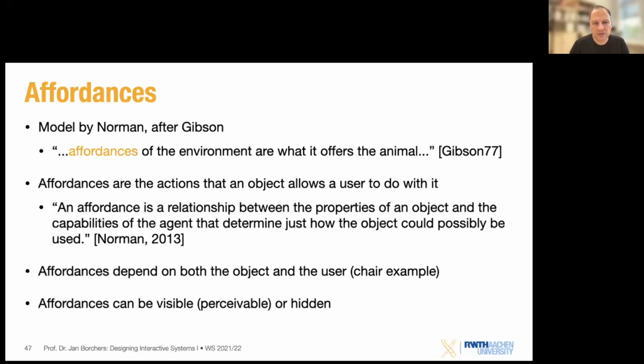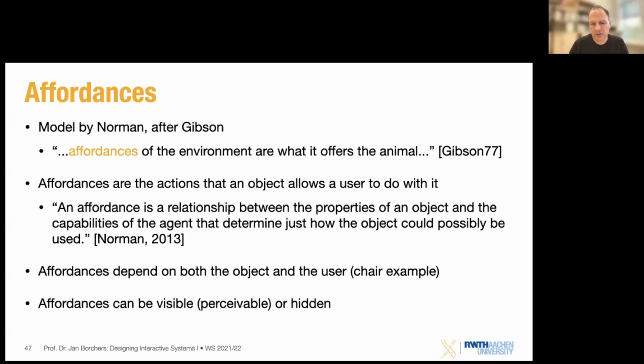Note that affordances may not be universal, right? If the agent has different capabilities, then the affordances may mean something else to them based on what they can do or cannot do. So affordances depend on both the object and the user.